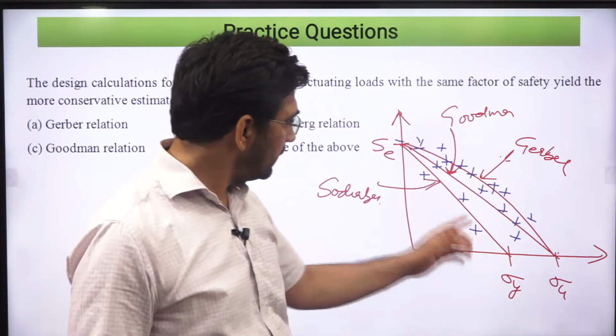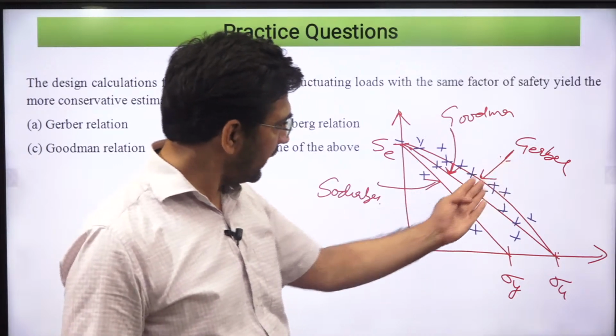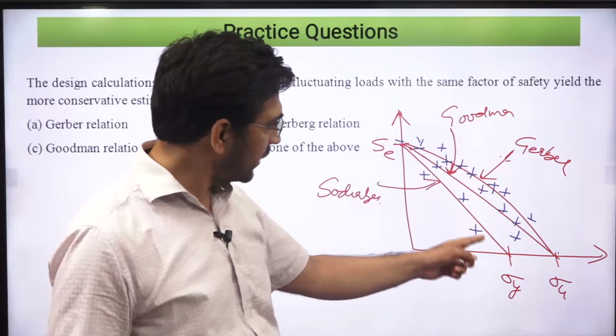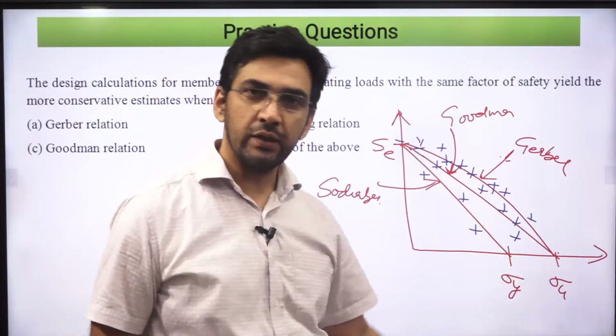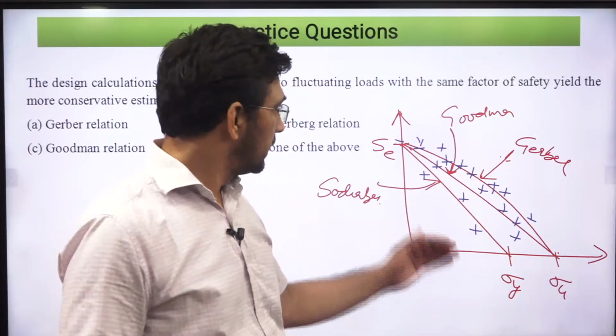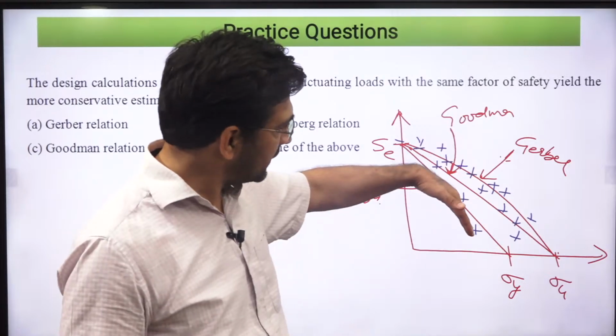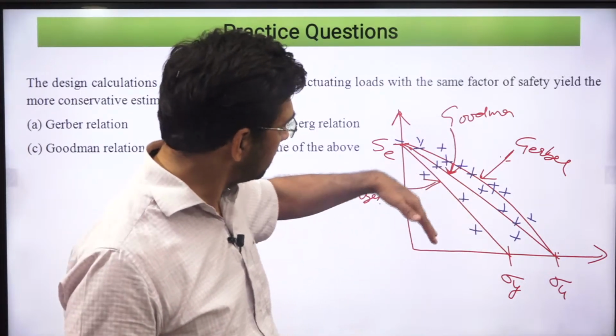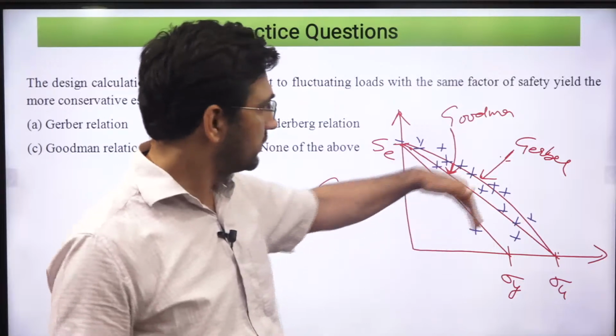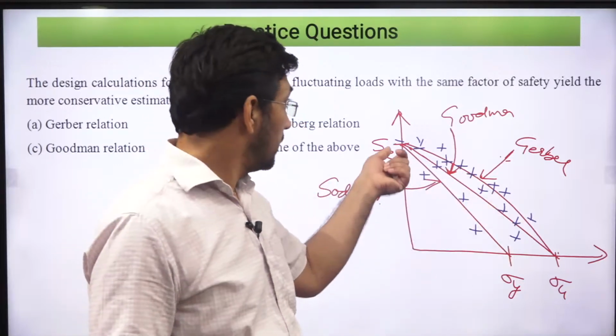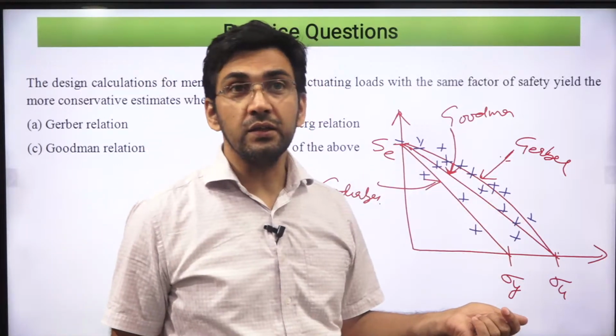Soderberg, see, failure points are far away, and still there are a few random points over here. So still he took this particular line, joining these points. Then Goodman was a little better in joining these curves. It's a little better than Soderberg. So that way, Soderberg played very safe.